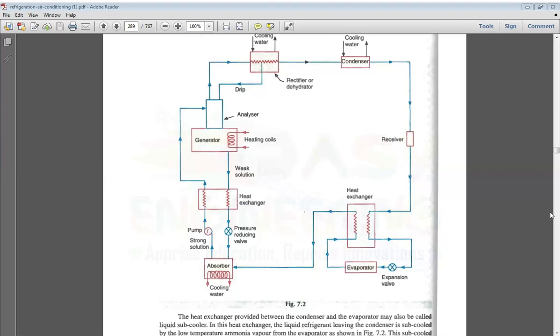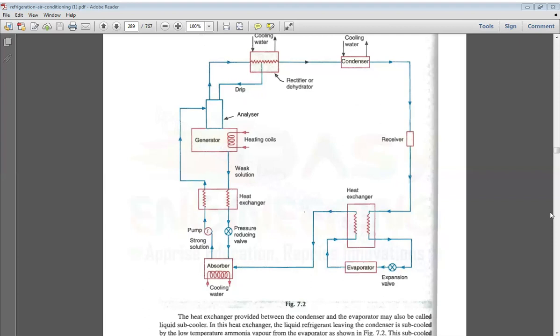Here this is the dehumidifier. The cooling water is used as the absorbent. If there is any water vapor or absorbent here, it is converted to water and drips into the analyzer once again, and only the pure vapor refrigerant leaves from the rectifier or dehumidifier.